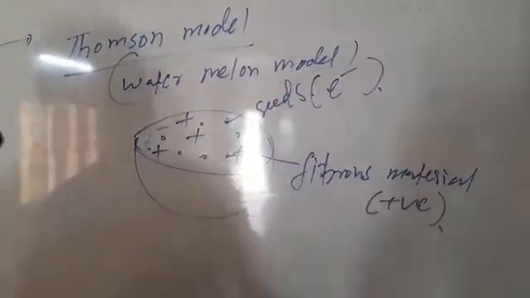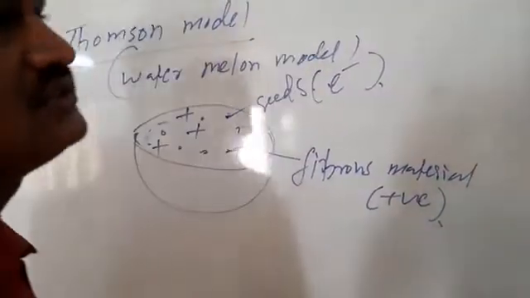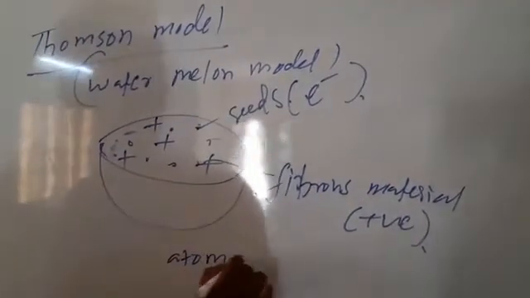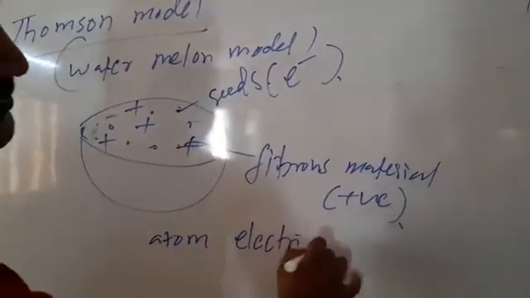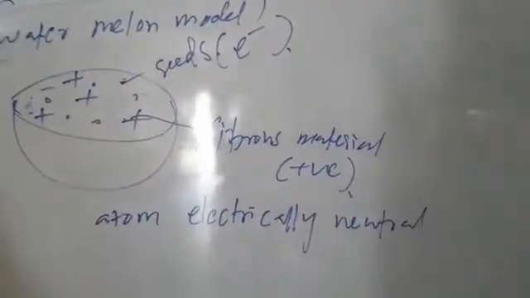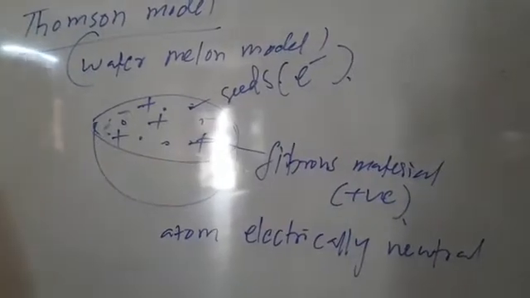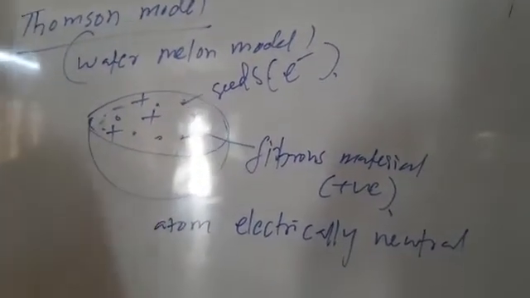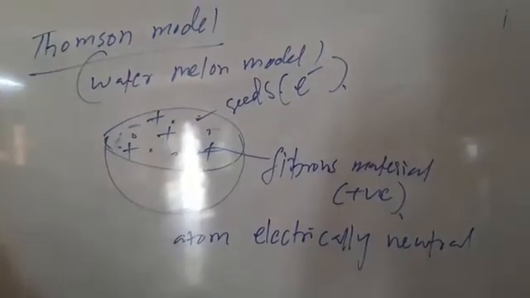So, positive, negative or neutral? According to him, the atom is electrically neutral. That is the Thomson model. It is a failed model. It explains some points but does not explain everything.